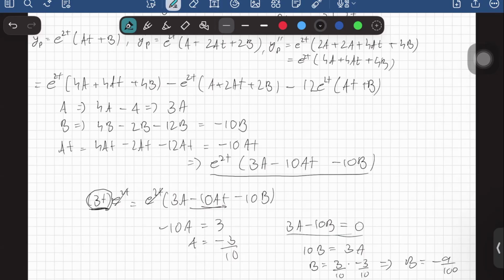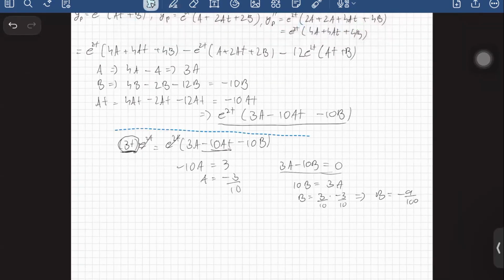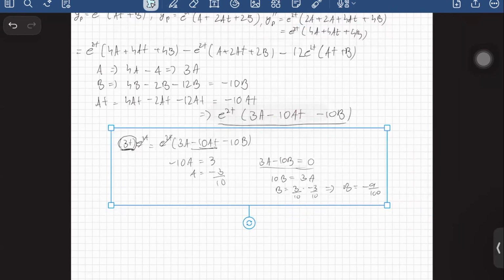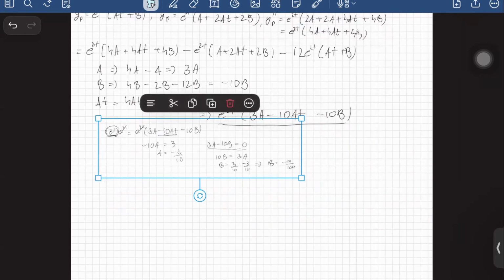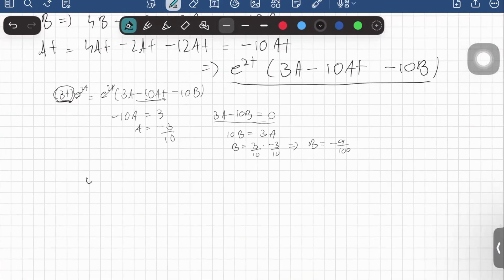So the particular solution to this problem looks something like e to the power of 2t (negative 3 over 10 t minus 9 over 100).